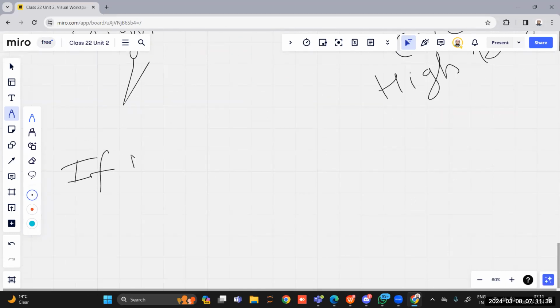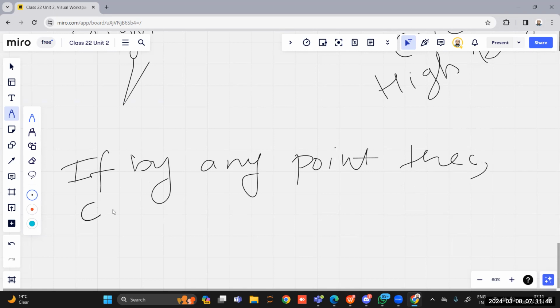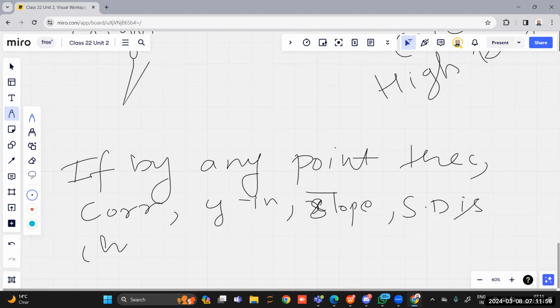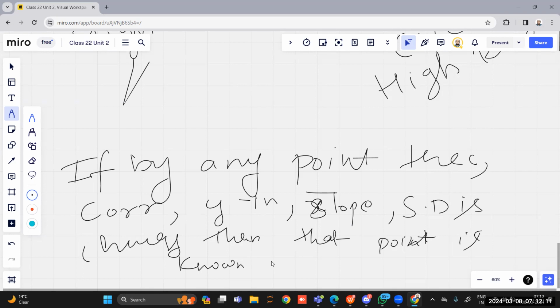Write it here. If by any point the correlation or the y-intercept or the slope or the standard deviation is changing, then that point is known as an influential point.